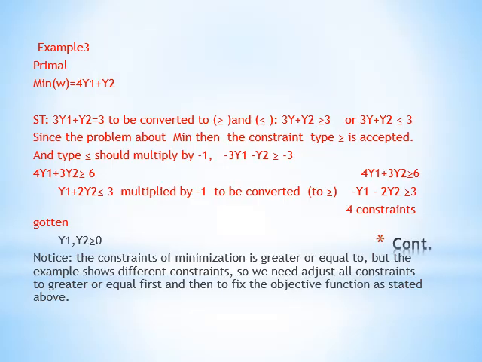So minimization becomes maximization. The number of variables of the maximization will be 4, equal to the number of constraints of the primal. The primal has 4 constraints. Then the variables of the dual should be 4: x1, x2, x3, x4.